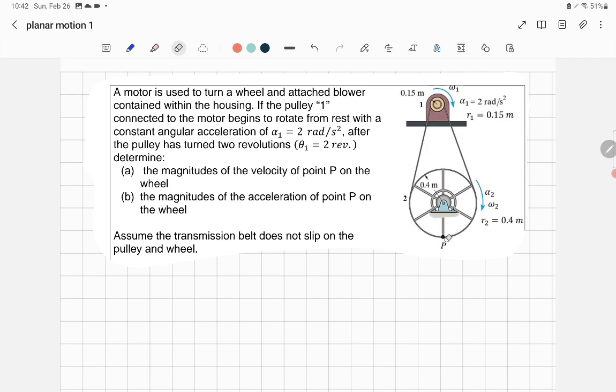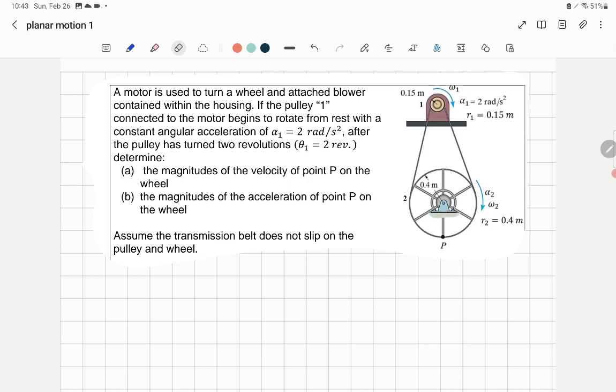We'll assume that the transmission belt that's surrounding the motor and the wheel does not slip on the pulley and the wheel, all right? So the motion is completely transferred here. That's the example that we try to solve here.